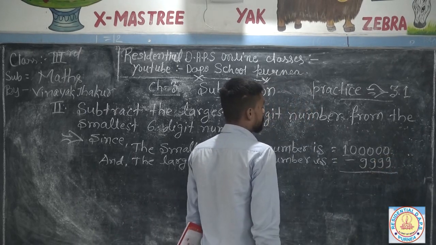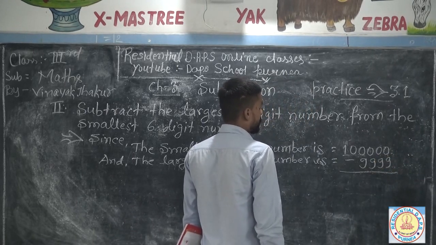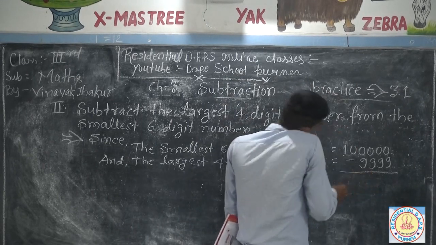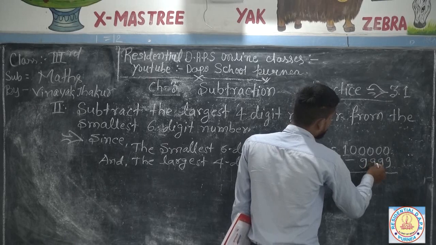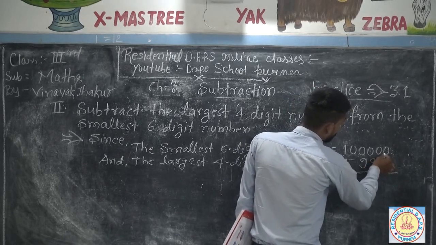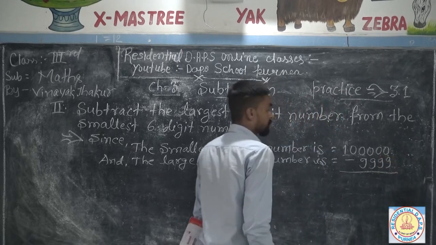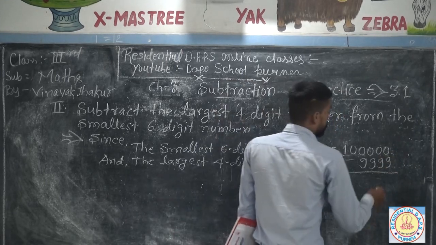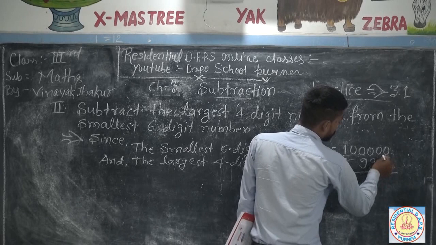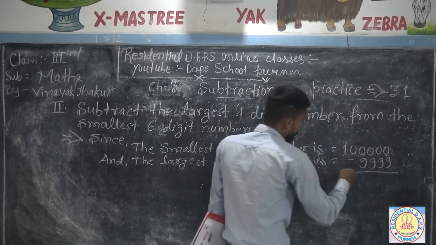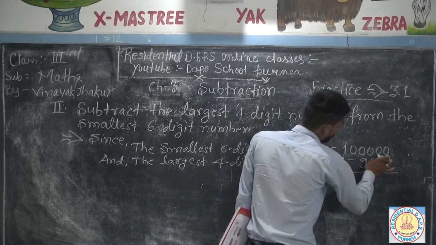If we subtract 9 from 0, we can't subtract it, so we have to borrow 1 from the tens place. So if we carry 1, it forms 10.